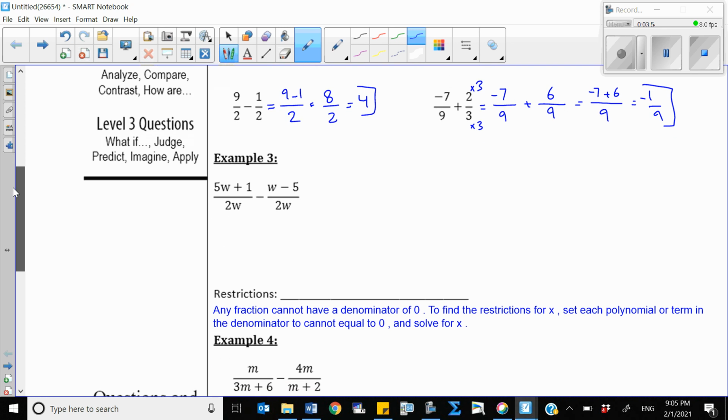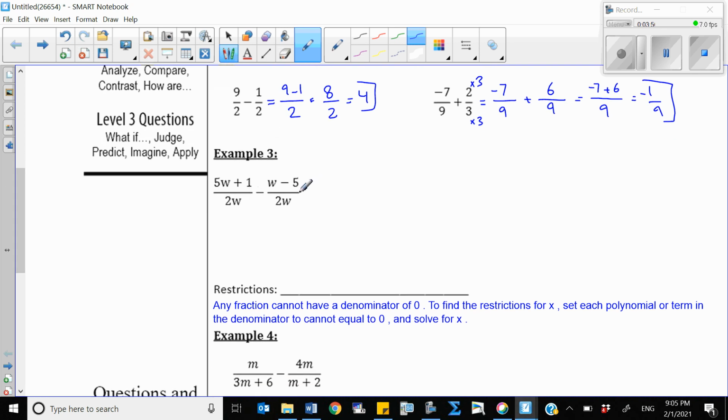Now let's go to the next example. In this example, we have a rational algebraic expression. But we're going to use the same rule. If we have rational expressions, we need to have the same denominator to be able to add or subtract. And we already have that. So our denominator is 2w. 2w is our common denominator.